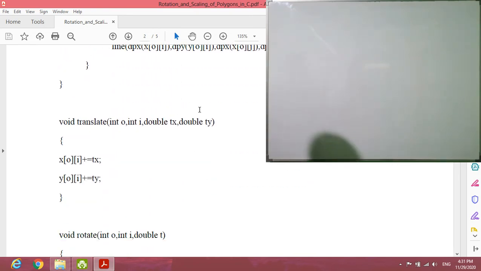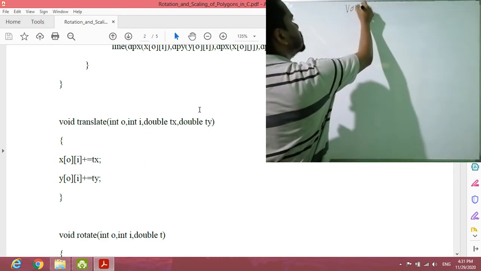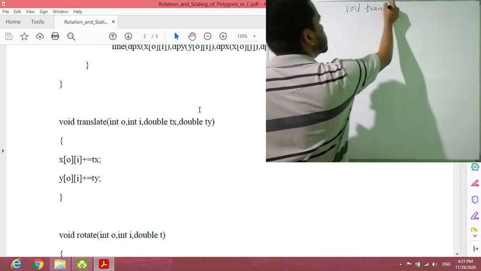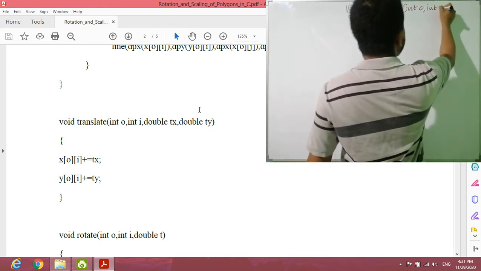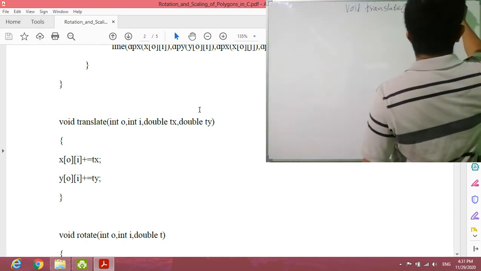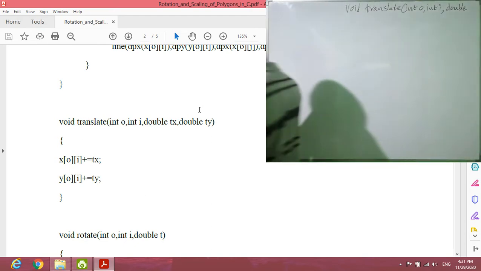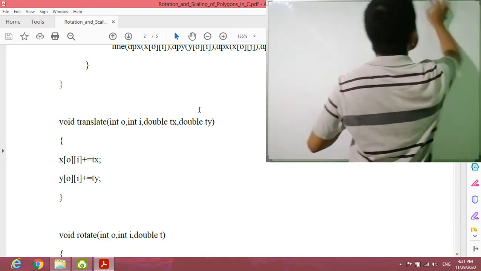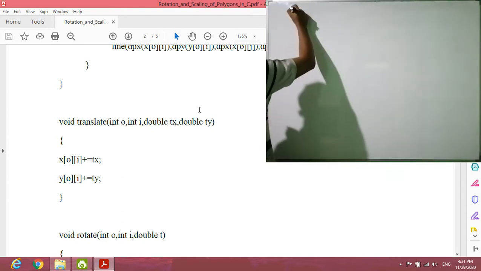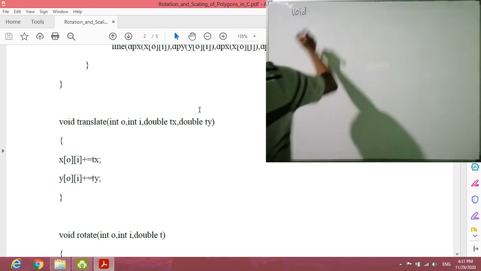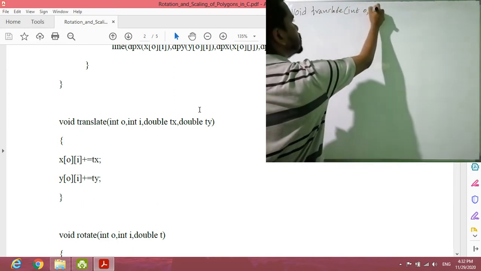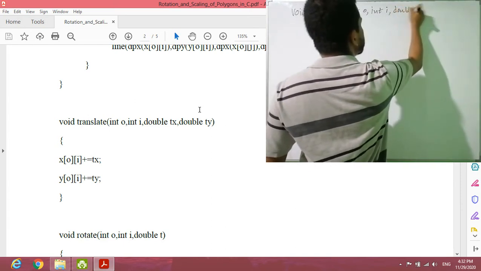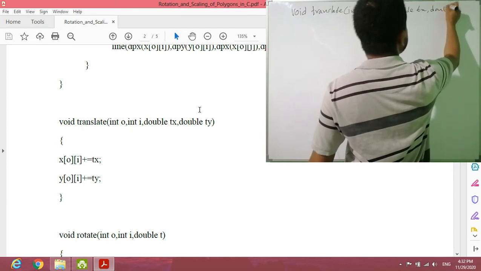And now we want to discuss a particular function: void translate(int o, int i, double tx, double ty).